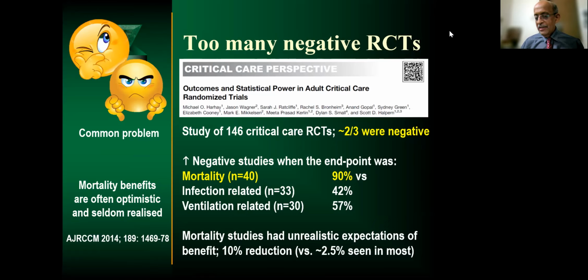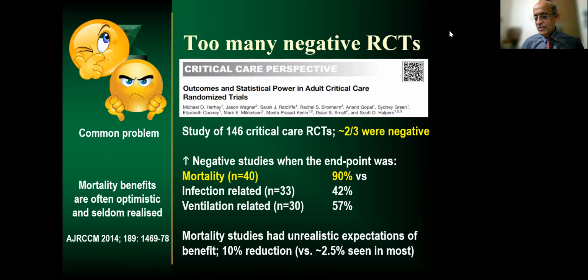And the main reason that they feel that these mortality studies were negative is because of hugely unrealistic expectations of the benefit. Most of these studies constructed their study in a way that they can demonstrate a 10% reduction in mortality, though most of the observed mortality differences were much lower, closer to about 2.5 to 3% in contrast to 10%.